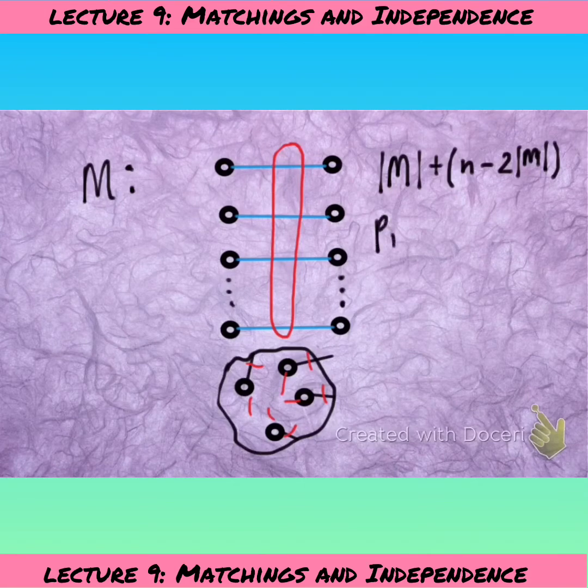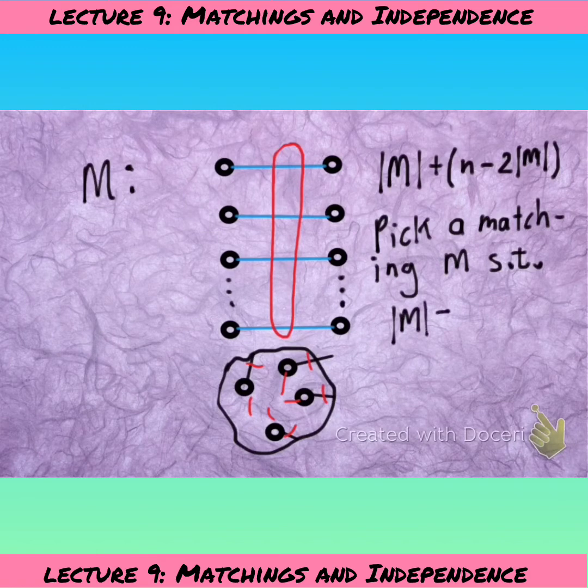Right, so we can basically pick a matching M such that the cardinality of M is equal to the matching number.